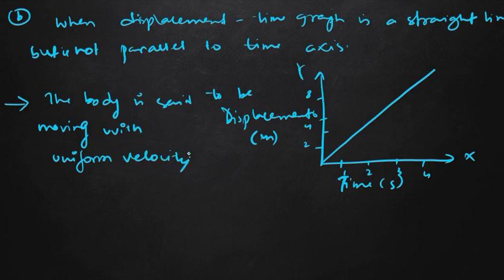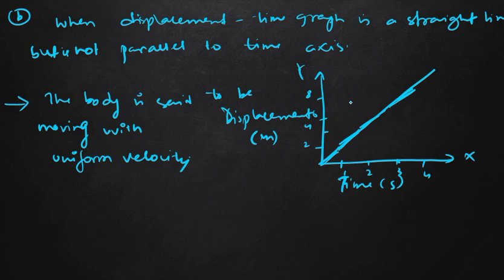That means at time 1 the displacement was 2, at time 2 the displacement was 4, at time 3 the displacement was 6. So with increase in time, the displacement changes by equal intervals. You can see in the graph, the distance is 2 meters, again 2 meters, again 2 meters. So at each second it is covering 2 meters. So it is a uniform motion, or the body is moving with uniform velocity.